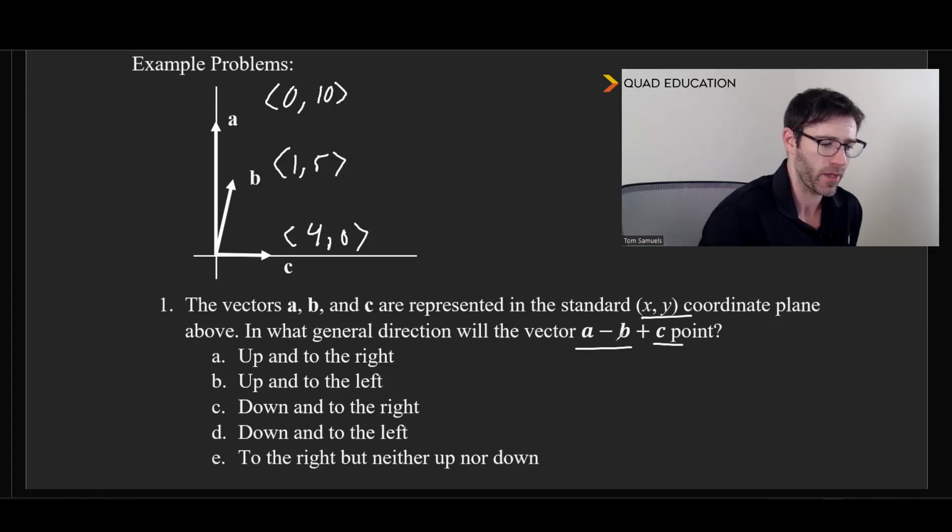So A minus B is going to leave us with -1 for our net overage, because we're 0 minus 1, and then 10 minus 5 is 5. Then we're going to add C to that, so -1 plus 4 is a net over of 3, and 5 plus 0 is going to be 5.